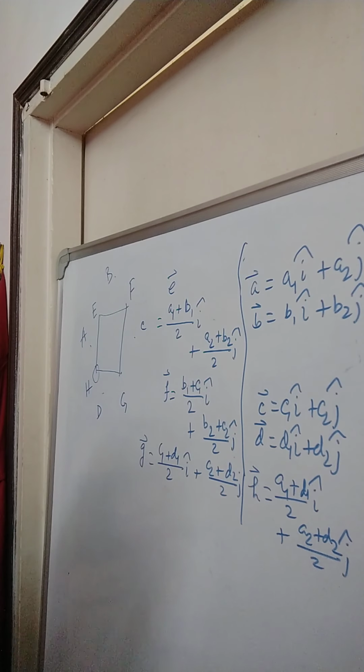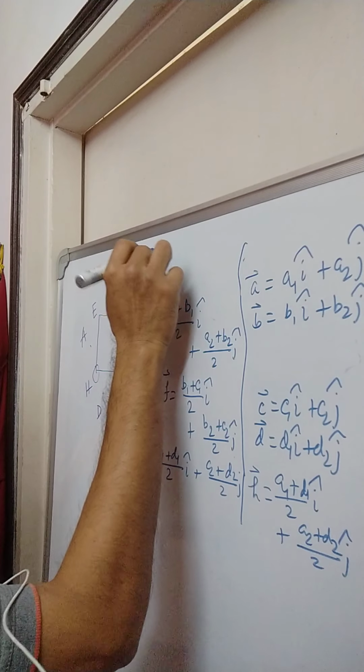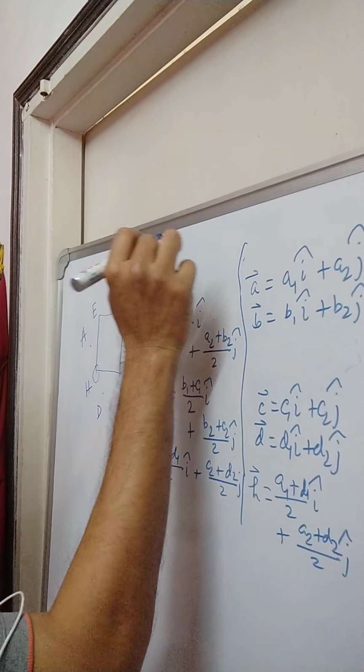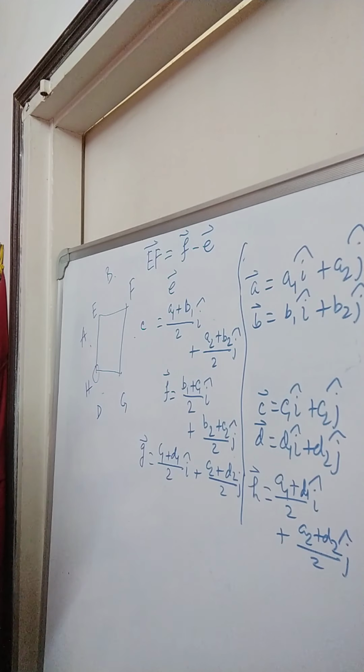How? Because what is EF? We know that EF is the vector F minus E, isn't it so?